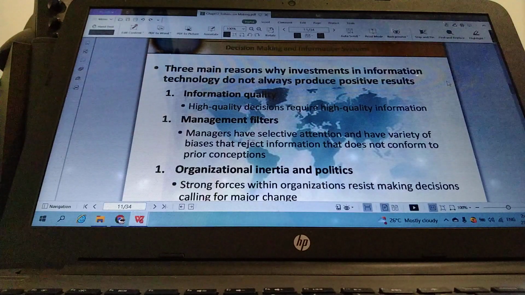The third reason is organizational inertia and politics. This is a bit difficult to control. It is not part of every organization, but in most cases, yes, strong forces within the organization resist making decisions calling for major change. This is more to do with politics, influencers and so on.